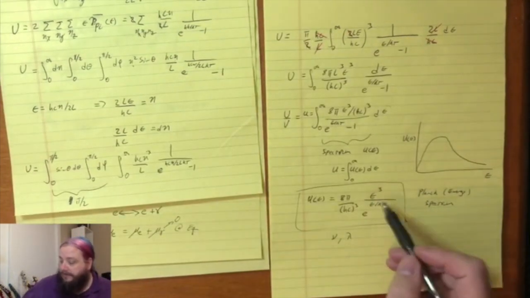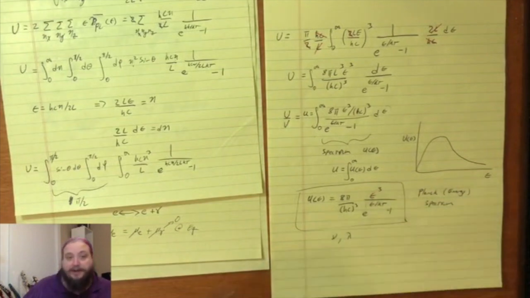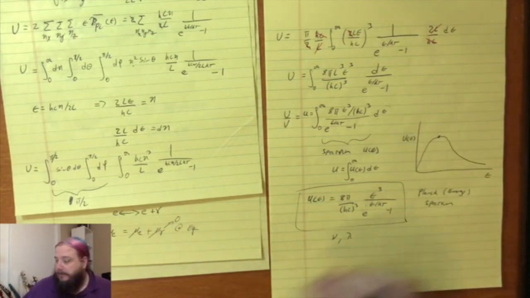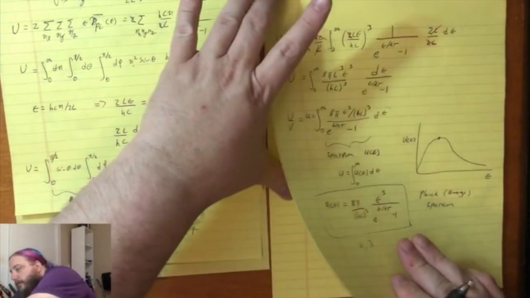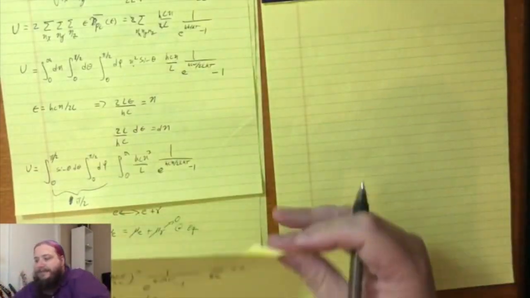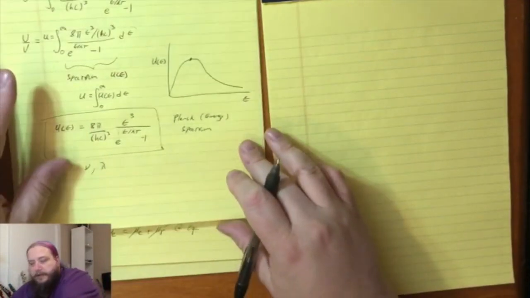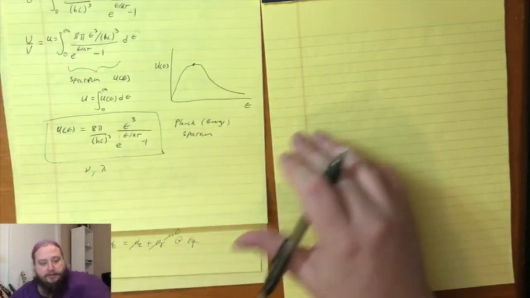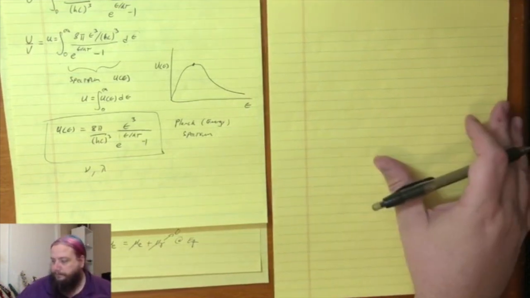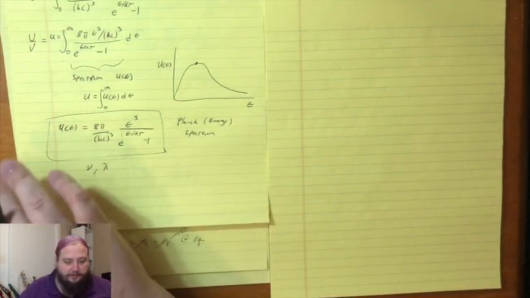We can note that this behavior has a maximum, which is right here, and we can compute that maximum. Before we do so, let's make this thing a little bit easier to deal with. Do another unit conversion, or another coordinate transformation here.